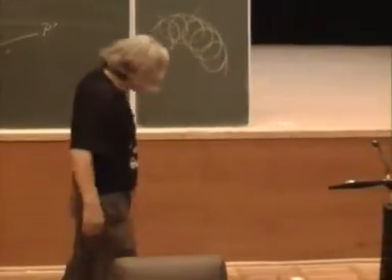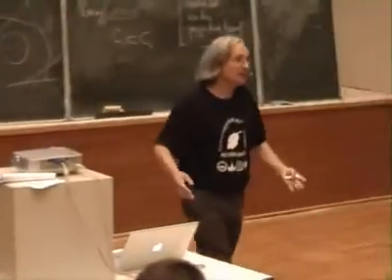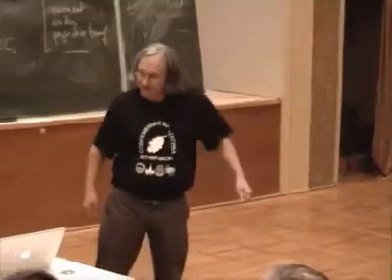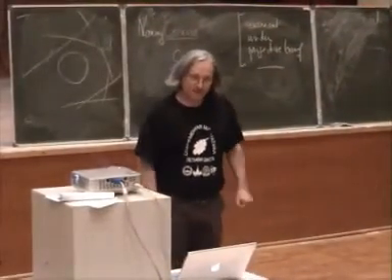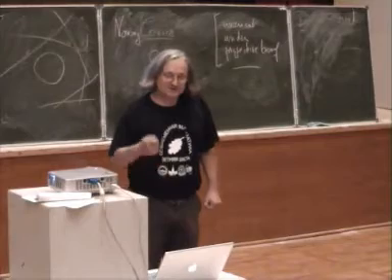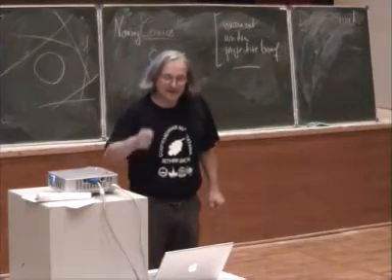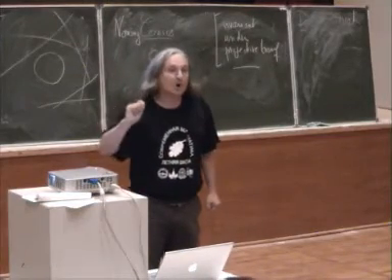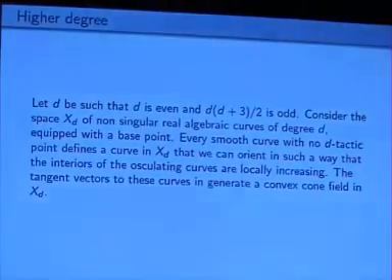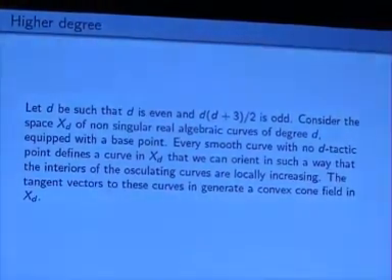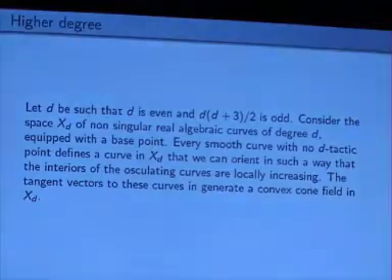The question concerns what we discussed today, but in a higher degree. So let's choose some integer d, some degree, such that d is even and (d+3)/2 is odd. Why? d even is good because I want algebraic curves with an interior and an exterior.